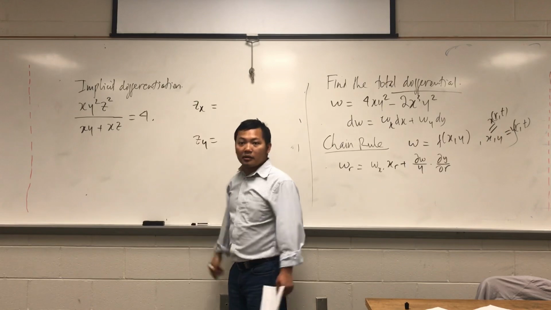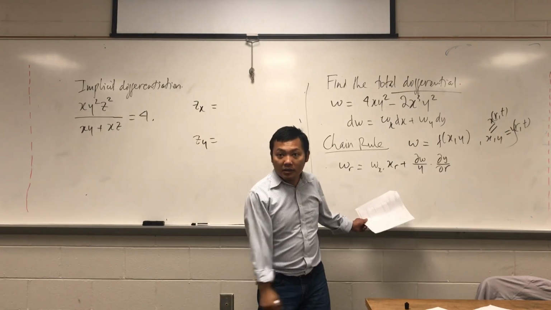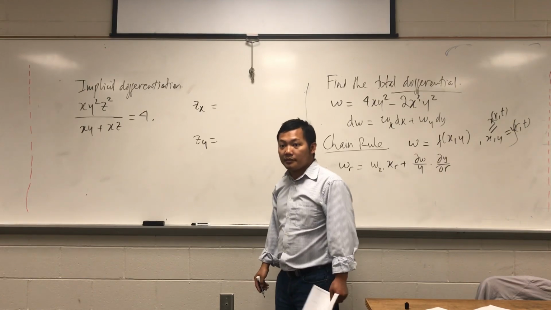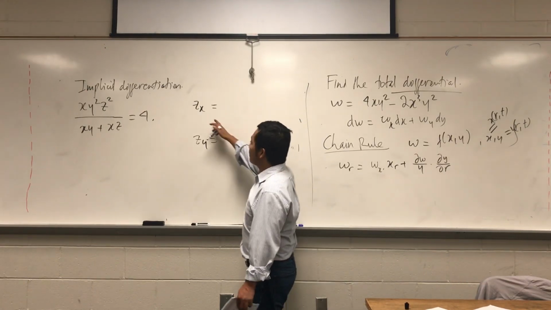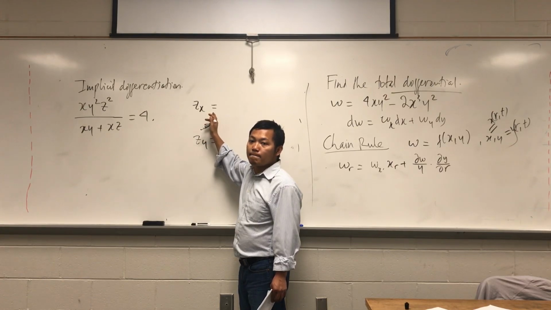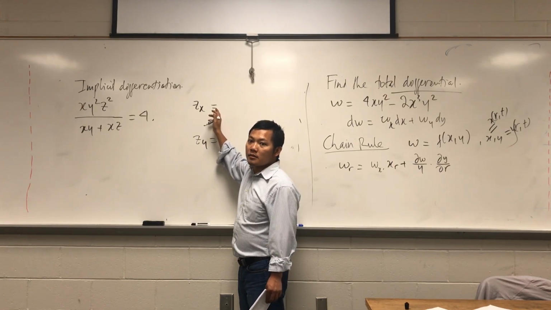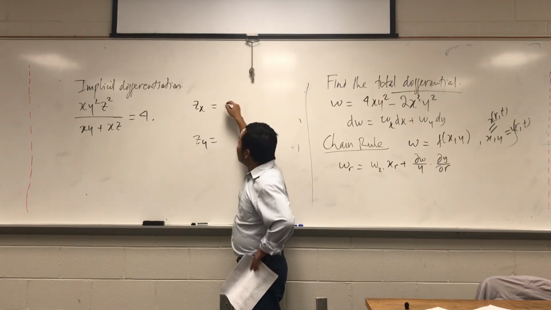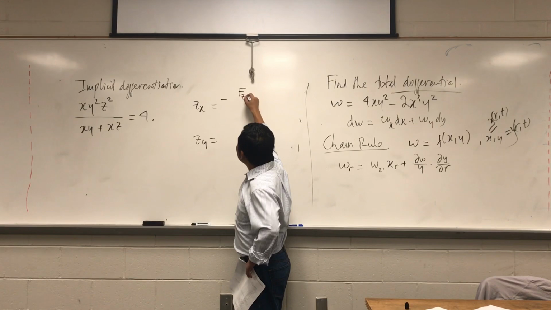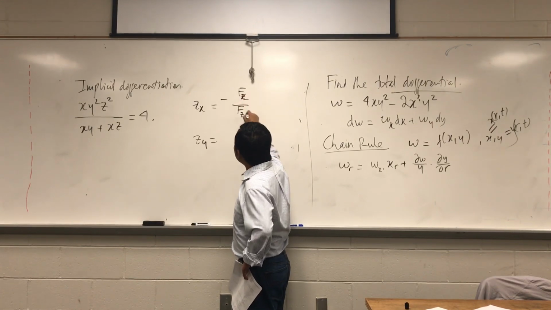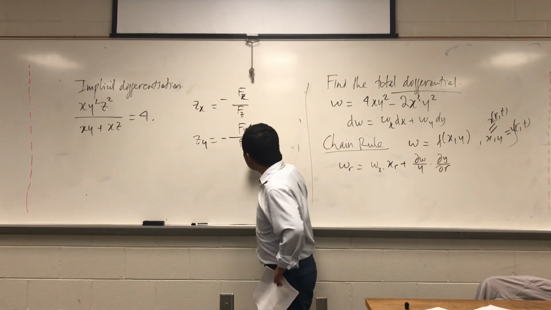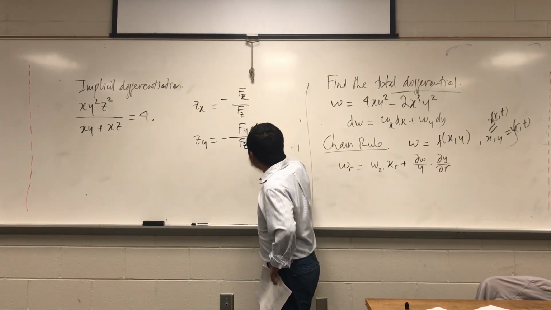If you don't remember the formula, you can use the chain rule, but you should have that. So what is the partial derivative of z with respect to x? It is negative fx over fz, and for y, negative fy over fz.